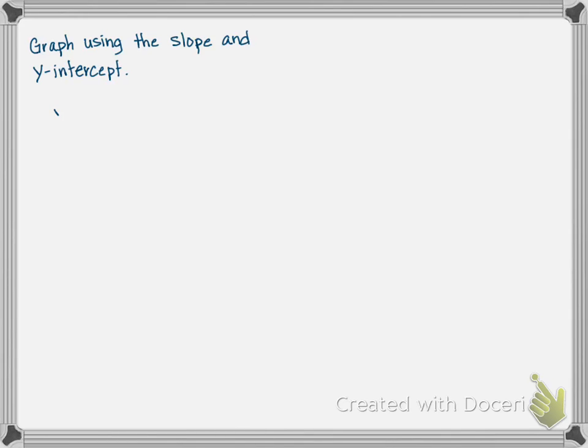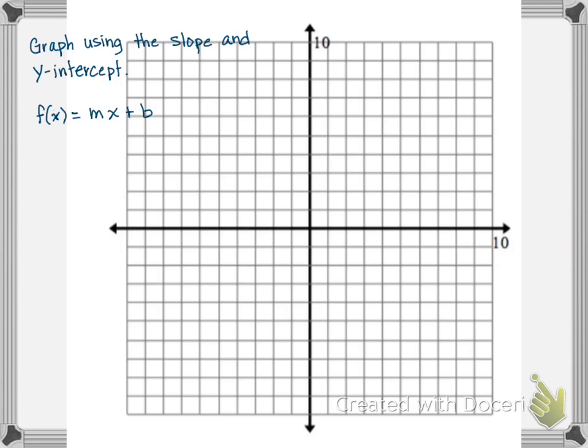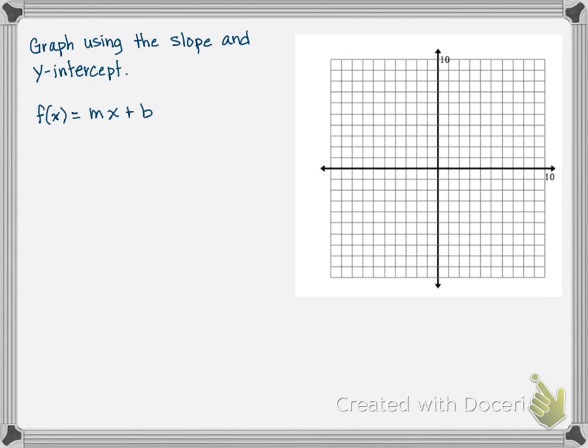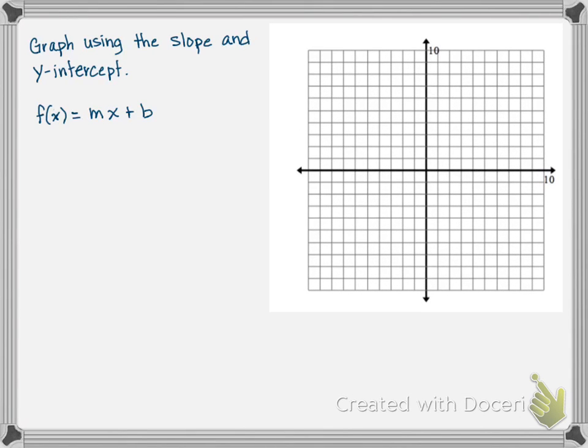So you guys are probably familiar with y equals mx plus b. And all we're doing to change that is, again, putting it in function notation. So, oh, I printed some graph paper for you guys.